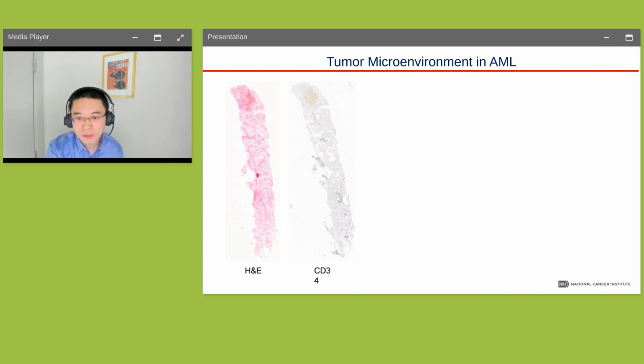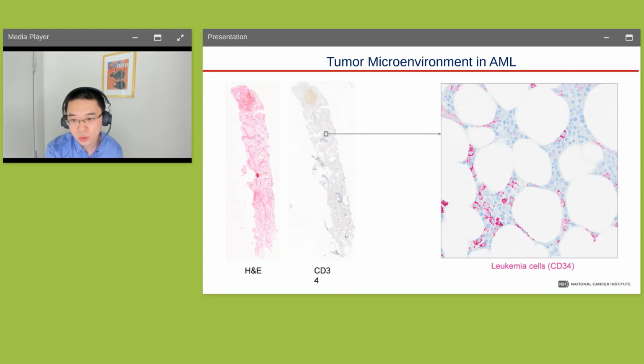So in this study, all the patients we selected have CD34 expression on their leukemia cells. This allows us to look into this tumor microenvironment. The pink cells here, the CD34 positive cells, are leukemia cells, and you can see they cluster together, and surrounding them are the cells with the blue nucleus.